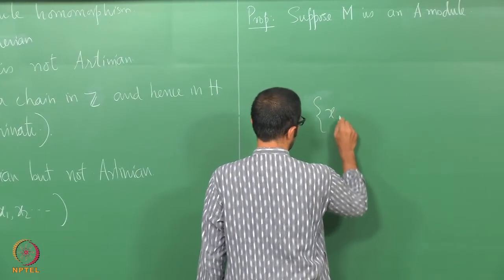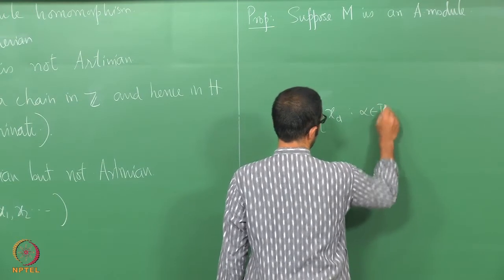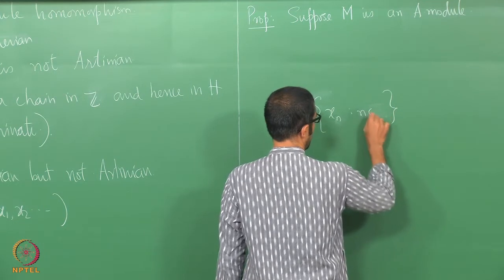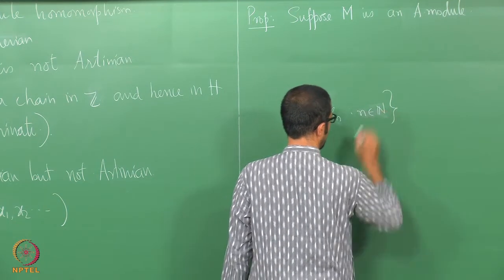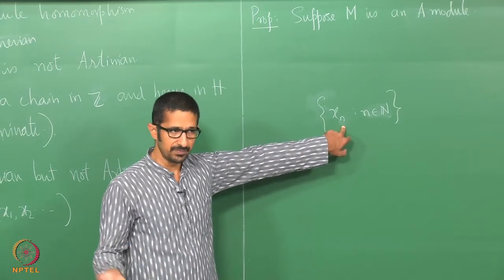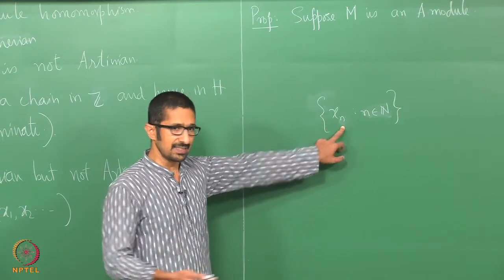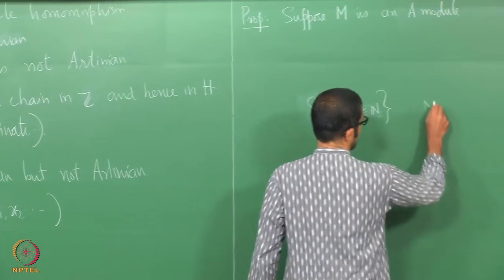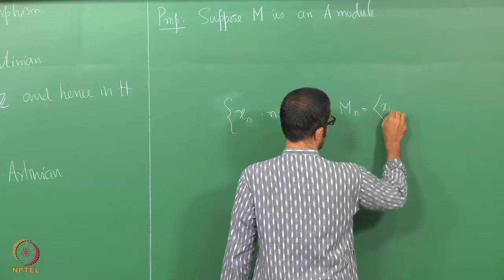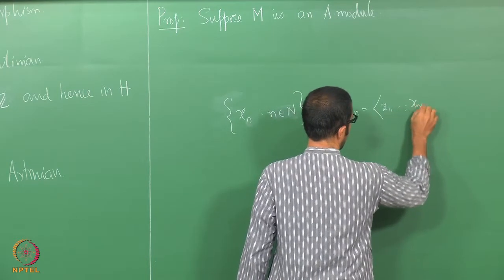Suppose this is a subcollection of minimal generators x1, x2, and so on, and I take Mn to be the module generated by x1 up to xn.